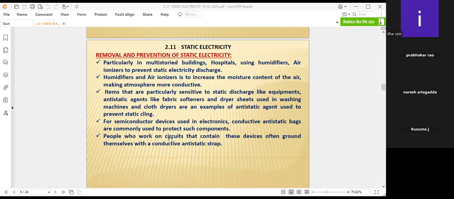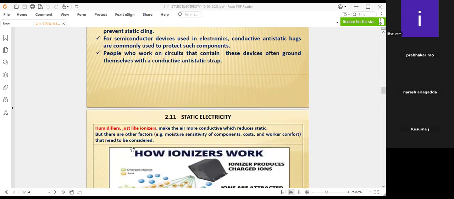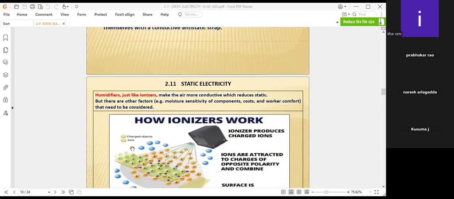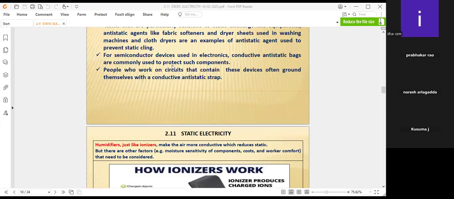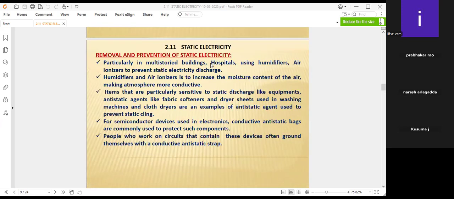People who work on circuits that contain these devices often ground themselves with a conductive anti-static strap. Where people have this facility, earthing and bonding is very important to be connected properly. Coming to how ionizers work, we are discussing humidifiers as well as air ionizers.